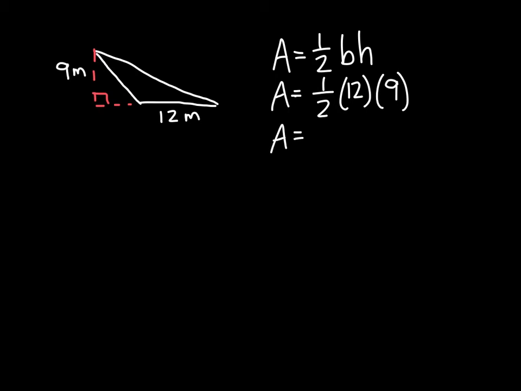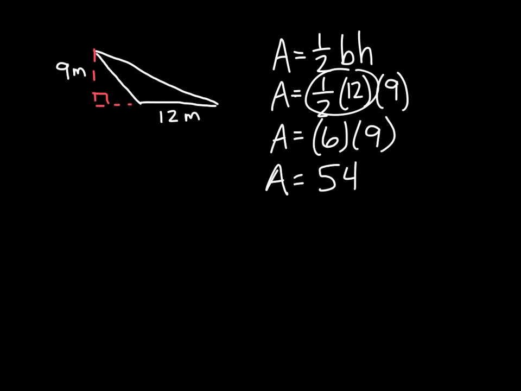So instead of saying 12 times 9 first, I'm going to do 1/2 times 12 first. 1/2 times 12 would just be cutting 12 in half, so it becomes 6. So now I have 6 times 9, and 6 times 9 equals 54 meters squared.